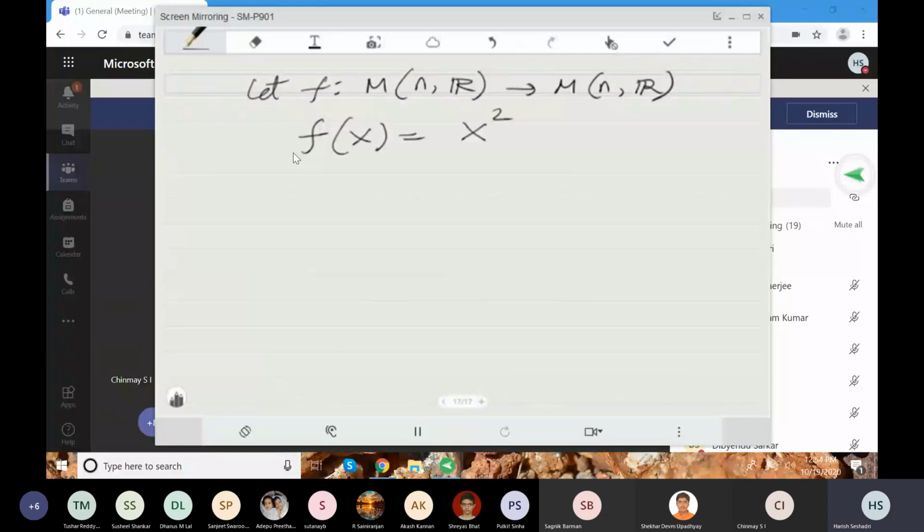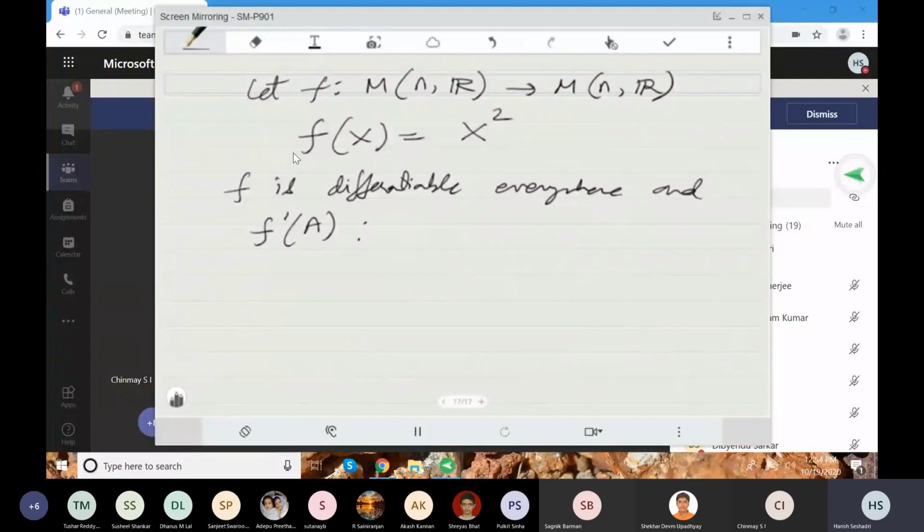Now I want to claim that f is differentiable everywhere, and the derivative of f at a point A is going to be a linear map from the corresponding vector spaces.